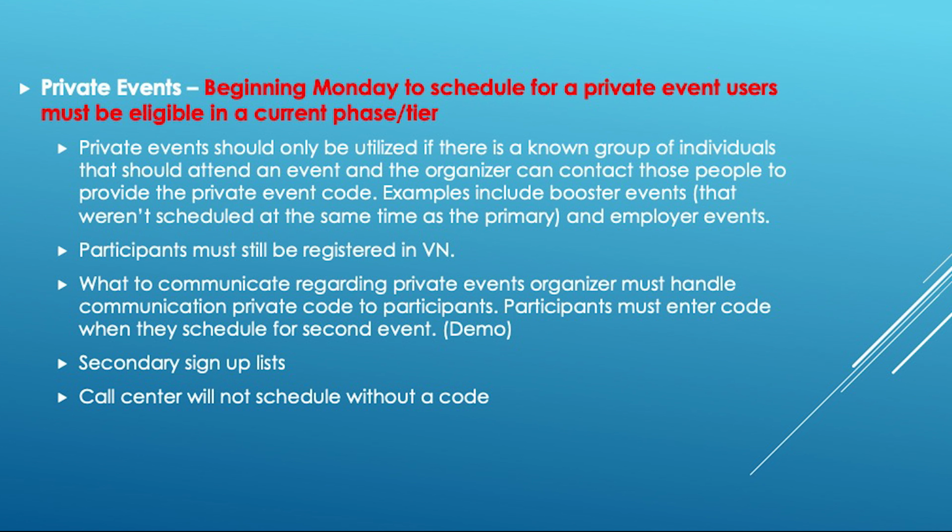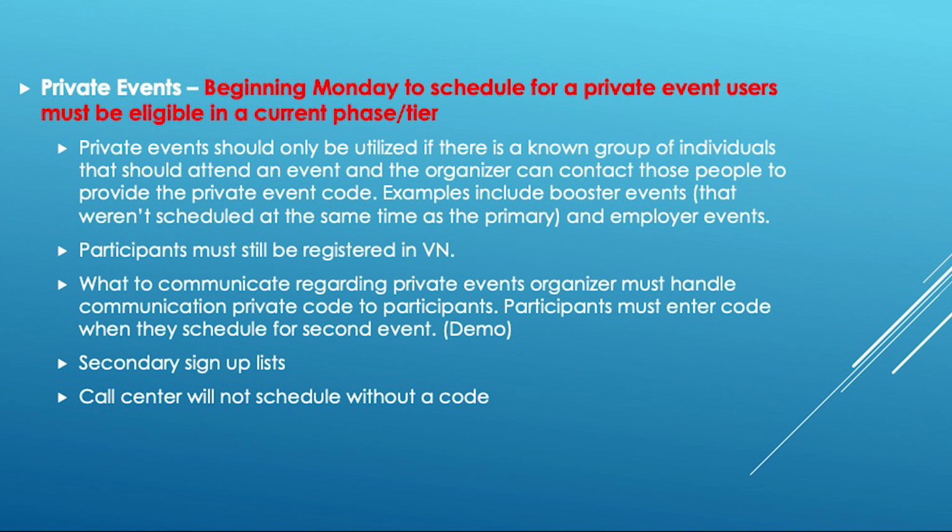Effective Monday, they worked on that code all week and we tested it, even with a private code, patients would still have to be in an eligible phase or tier to be able to schedule. So that's a little history behind why that has been a bit of a problem.